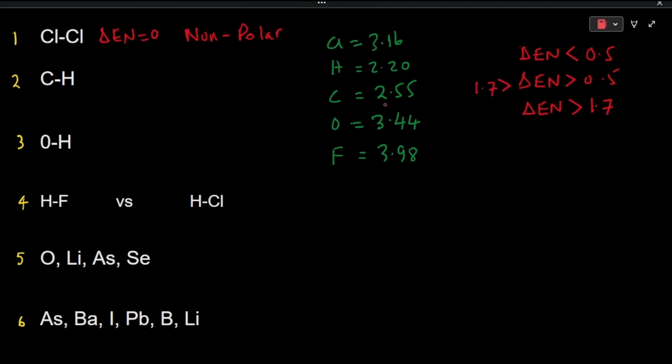Carbon has an EN value of 2.55, hydrogen is 2.20, and so we have an electronegativity value difference of 0.35, and that makes carbon to hydrogen bond also a non-polar covalent bond.